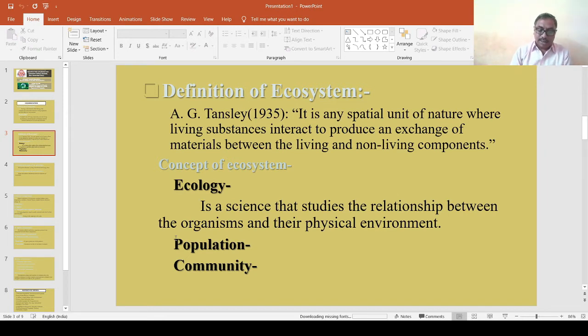The community and physical habitat function together, such as an ecosystem. Here, the term community means populations occupying an area form the community. The term ecosystem was first used by A.G. Tansley in 1935.